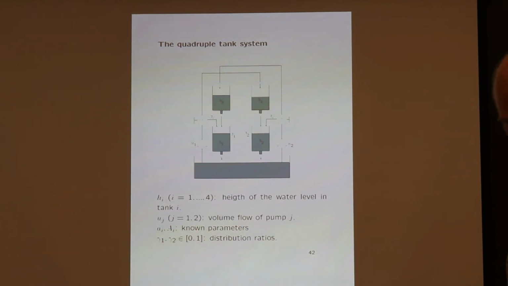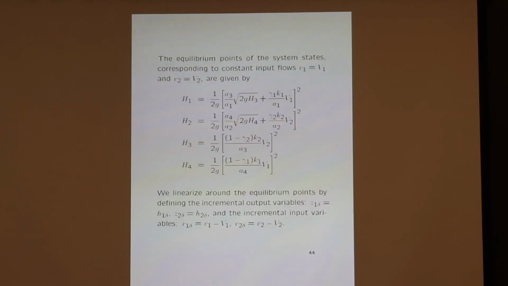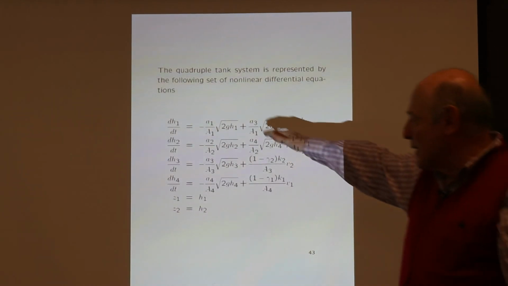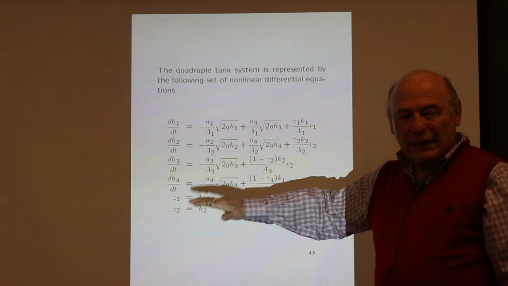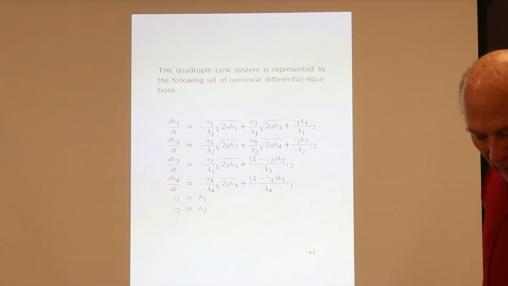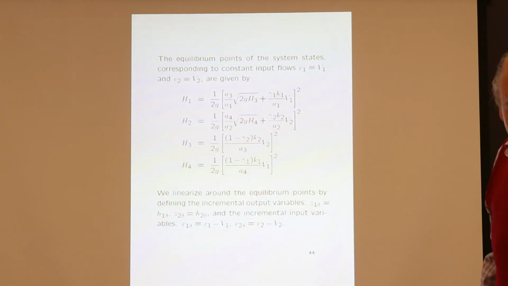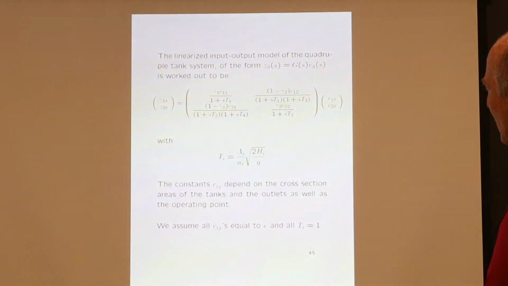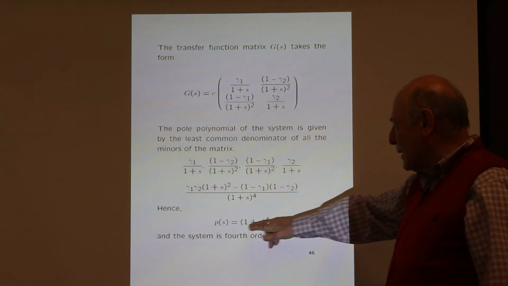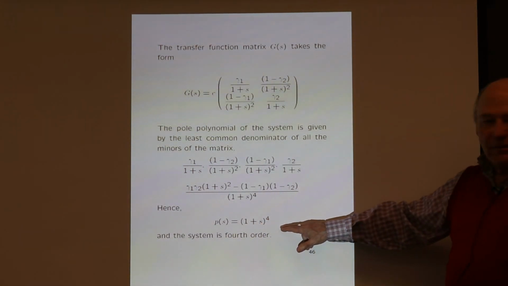Because we determine that, if you use the differential equations, you will see that it's fourth order, but that might be a little deceiving. You have to compute the pole polynomial. And when we computed the pole polynomial for the simplified system, it came to be this.